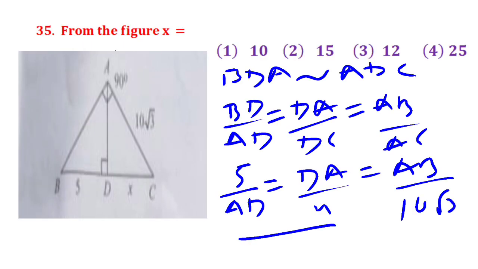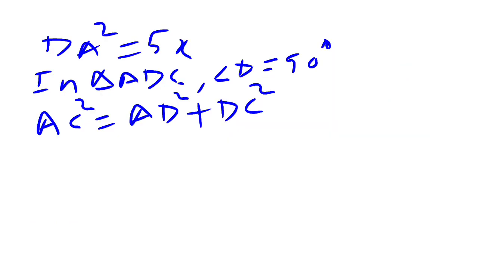To get the x value, let's select the triangle ADC. In the triangle ADC, angle D is 90 degrees, so apply the Pythagoras theorem. AC square equals AD square plus DC square.